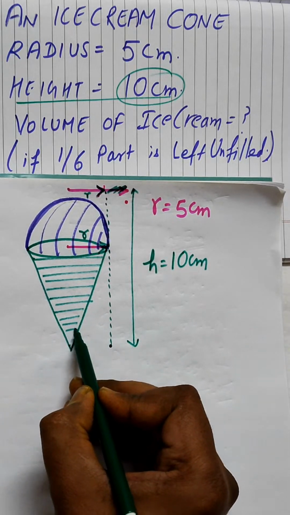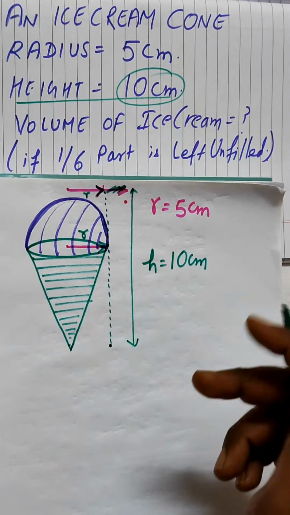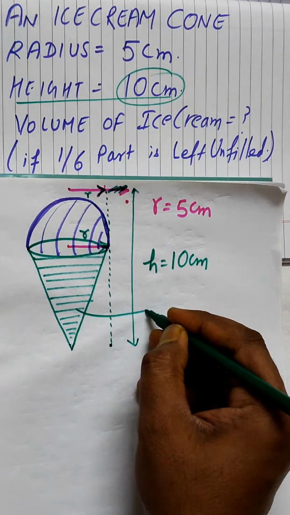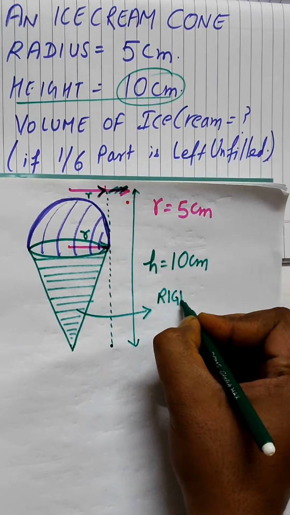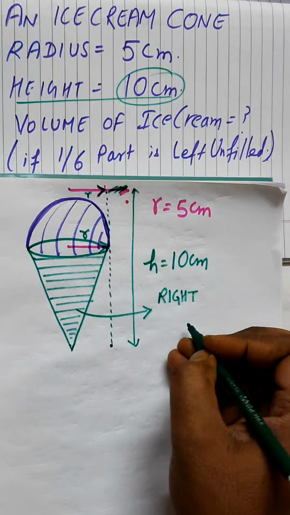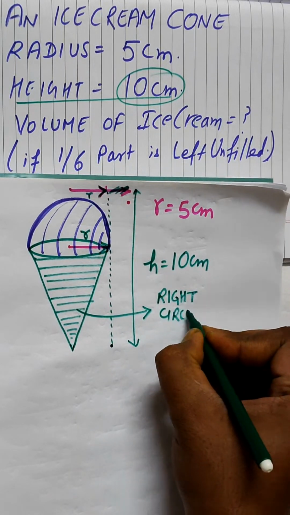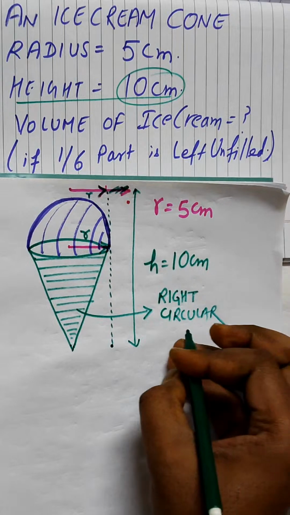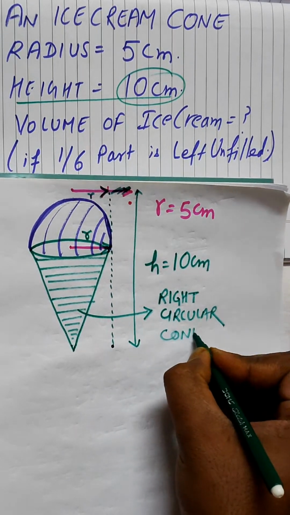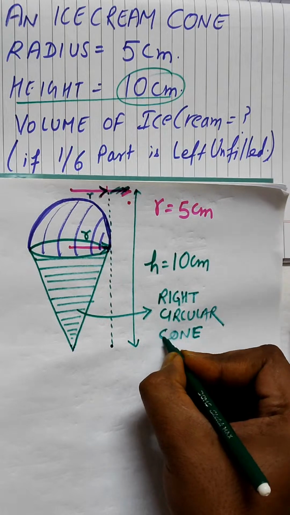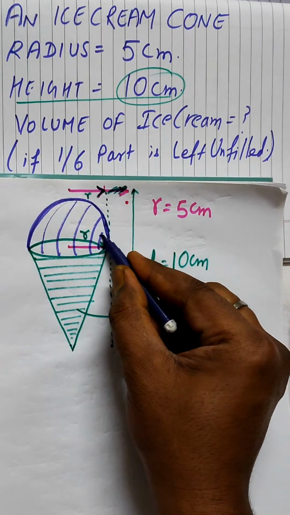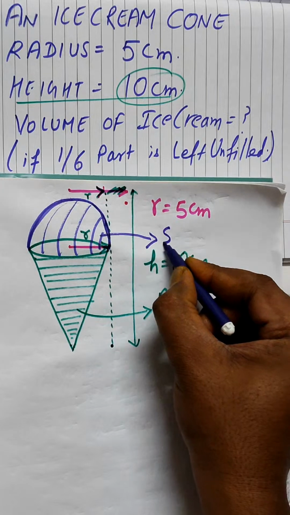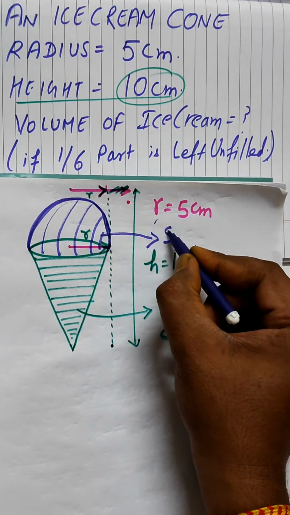So these two figures you need to see through your eyes. The first is a right circular cone. My sketch pen is finishing, so don't worry, I think you are able to understand. The second figure, which is on the top, is your hemisphere.